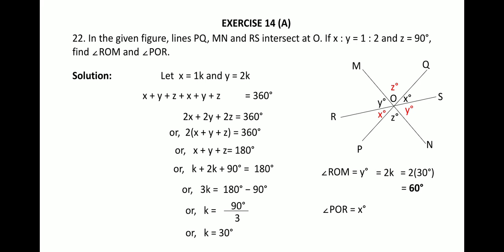Similarly, angle POR, looking at the figure, we can see POR is x degrees because it's vertically opposite to this angle. The value of x is equal to 1k or simply k, and k is equal to 30 degrees. So 30 degrees is the measurement of angle POR. So we have the answer: angle ROM is equal to 60 degrees and angle POR is equal to 30 degrees.